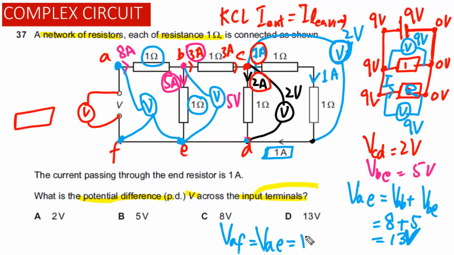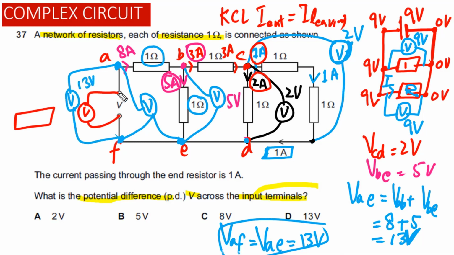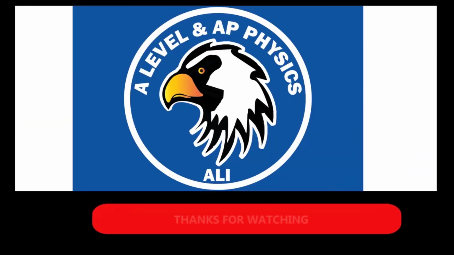So that is equal to 13 volts, AF. And as you can see here, if I attach voltmeter here, for example, this is equal to 13 volts. How about across these input terminals? That is also equal to 13 volts. So we can say 13 volts. So our answer for this question is D.